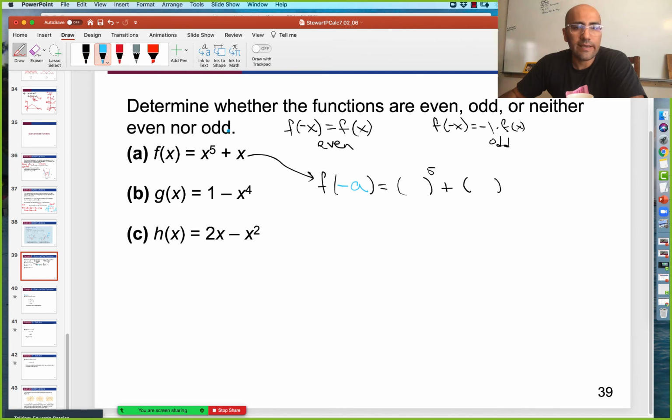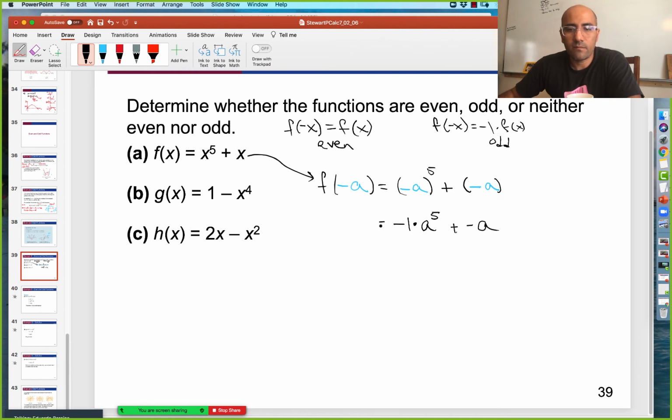And then that's going to be negative a. So negative a goes there, negative a goes there. Okay, and then I simplify. Whenever I take a negative number to the power of 5, because it's odd, we preserve its sign. So it's going to be equal to -1 times a to the 5th power plus -1 times a.